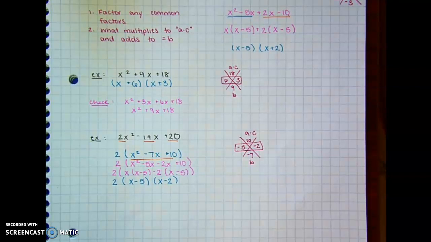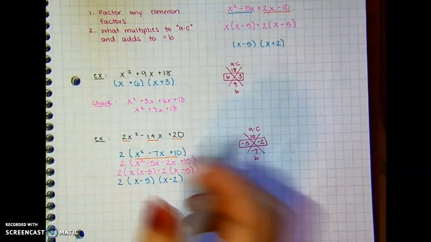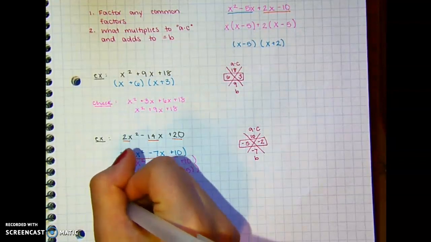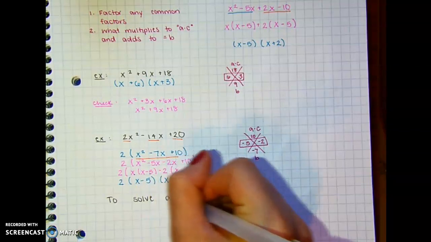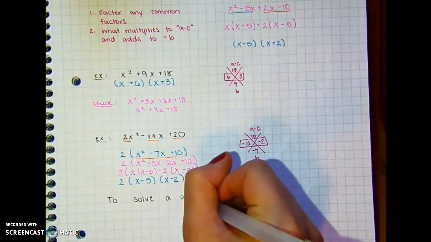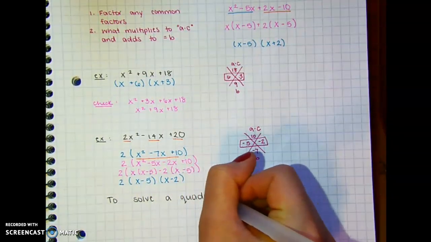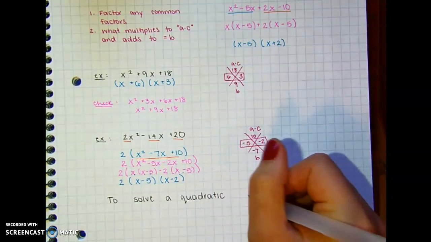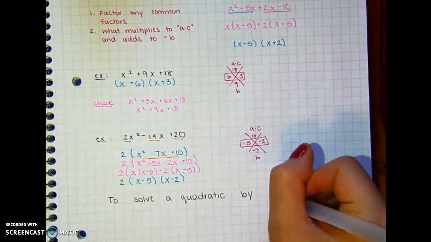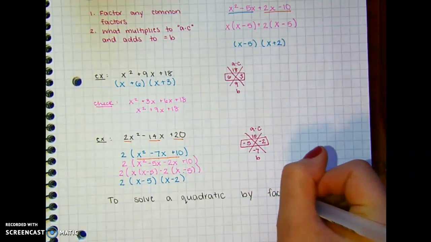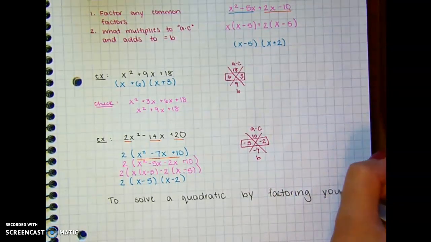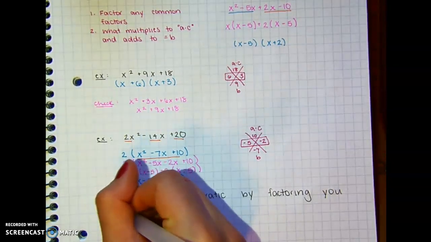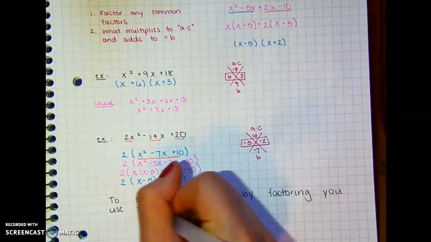The next thing I just want to talk about is solving a quadratic. So to solve a quadratic by factoring, you use the zero product property.